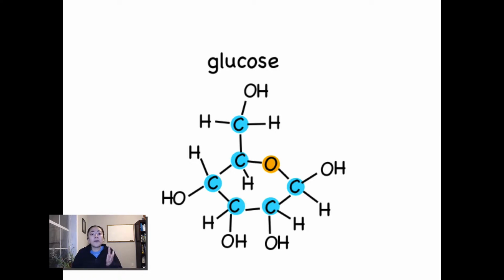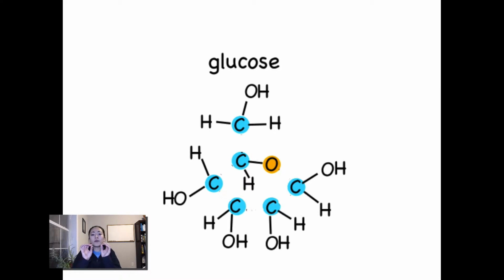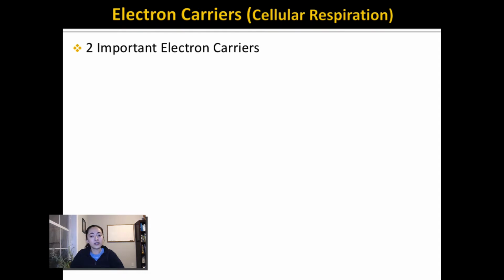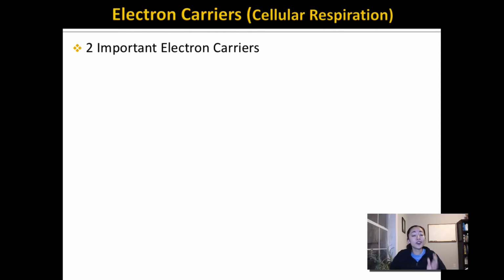So our cells must break down glucose slowly. During cellular respiration, our cells will break all the carbon-carbon bonds in glucose, and special molecules will carry away the hydrogen atoms. In order to carry away the hydrogen atoms, our cells have special molecules called electron carriers. The electron carriers that are used during cellular respiration are called NAD+ and FAD.